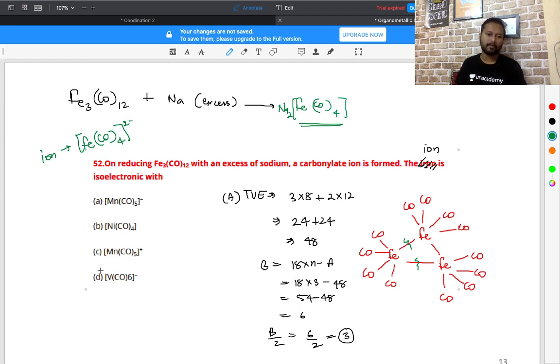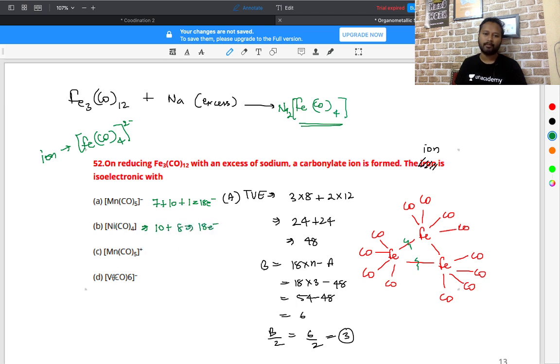Which options are following 18 electron rule? So if you look upon option number A, the manganese complex over here, it will also follow 18 electron rule, right? You will get 7 electrons from manganese, then 10 electrons from this CO, and plus 1 due to this negative charge. So you'll get 18 electrons. Option B will also follow 18 electron because you will have 10 from nickel and plus 8 from this CO. So you will have 18 electrons.